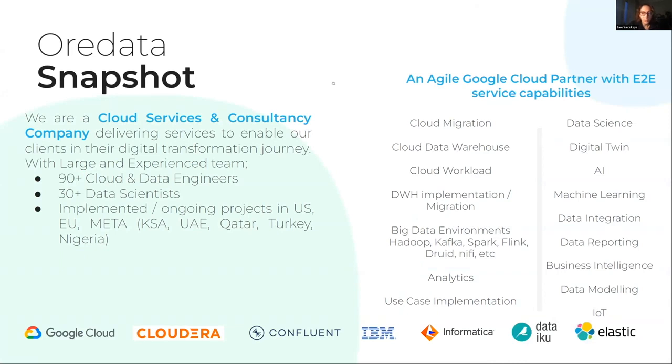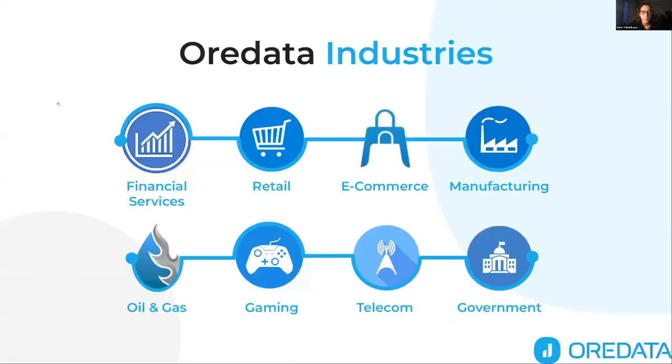With a large and experienced team of more than 90 cloud and data engineers and more than 30 data scientists, and a track record of successful R&D projects, we have successfully implemented projects in the US, EU, and META regions. Can you go to the next page, please? Next slide.